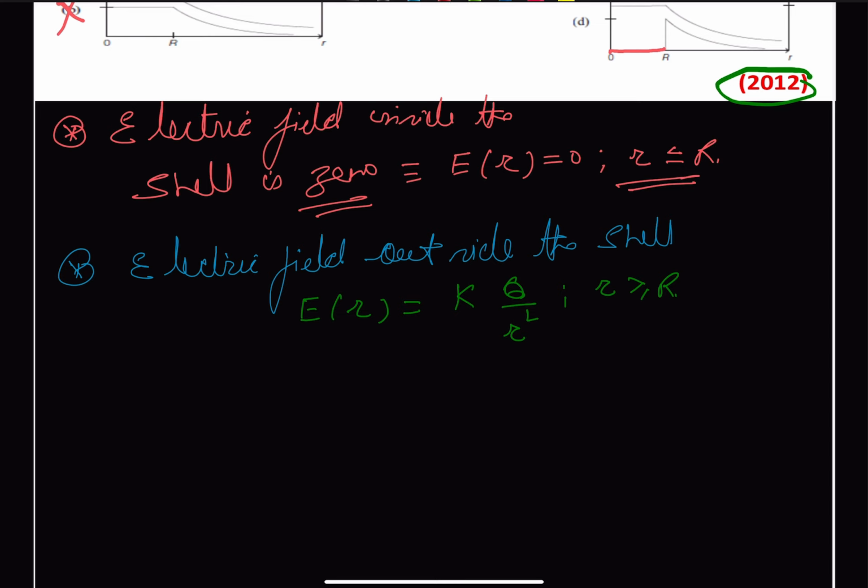So we can just write that our E of r is proportional to 1 upon r square.